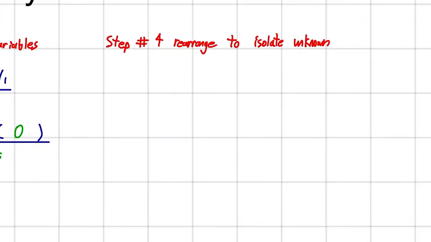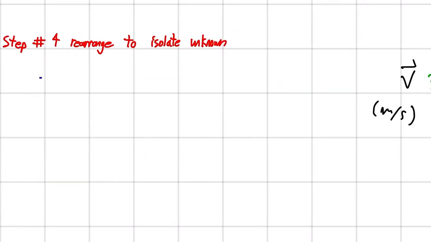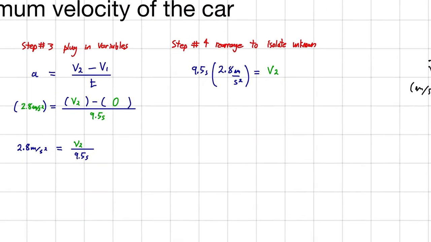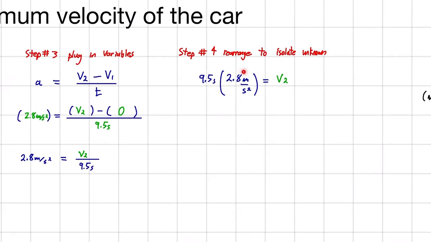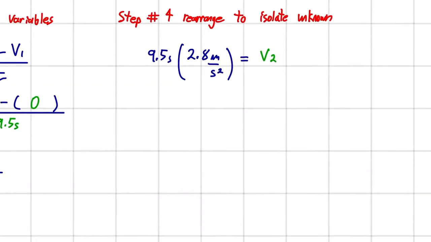So here we will be left with 9.5 seconds multiplied by our original 2.8 meters per second squared, equal to v2. So you can see our two equations, they're equivalent. The only difference is this 9.5 has been brought up to be multiplied by the 2.8 meters per second squared.